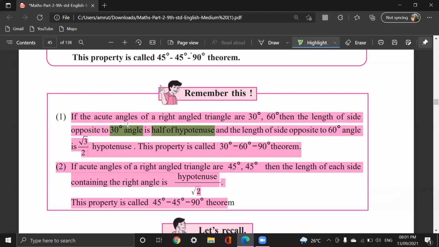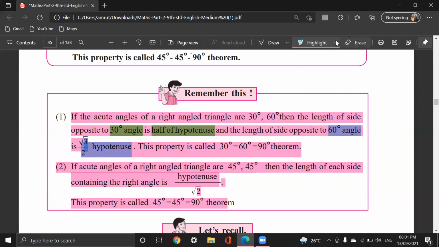Okay, so all the formulas are put in this box to make you memorize them. So the side opposite to 30-degree is half of the hypotenuse. The length of the side opposite to the 60-degree angle is √3/2 of the hypotenuse, and this property is called the 30-degree, 60-degree, and 90-degree theorem.